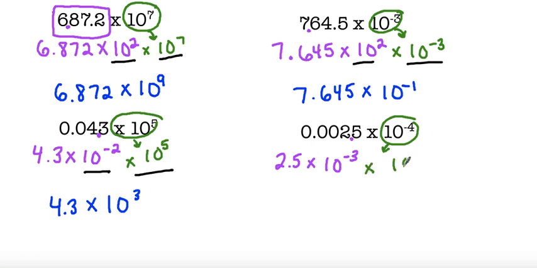So times 10 to the power of -4. And here, since the base is the same, I could combine these two. I end up with 2 5/10 times 10 to the power of -7. And that's it.